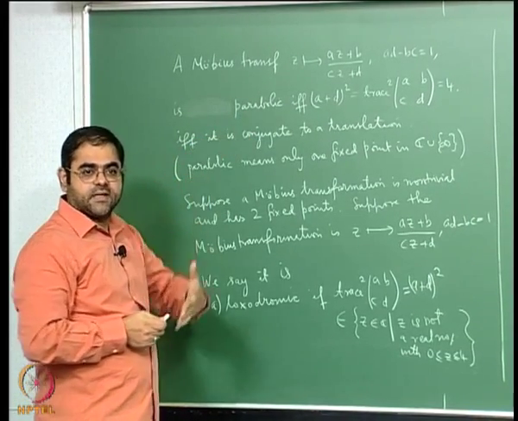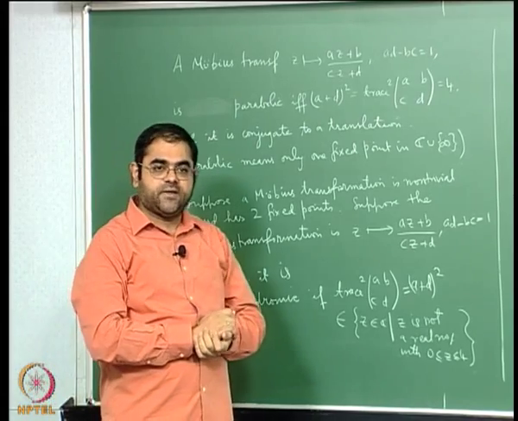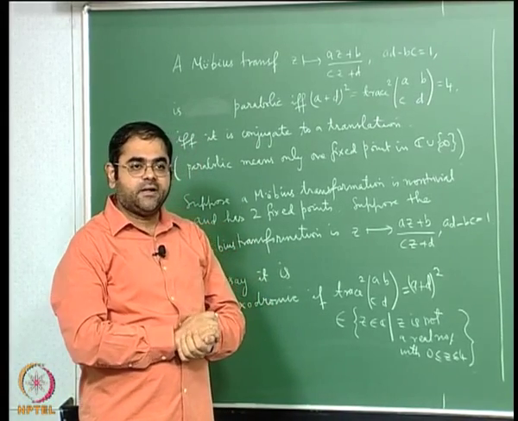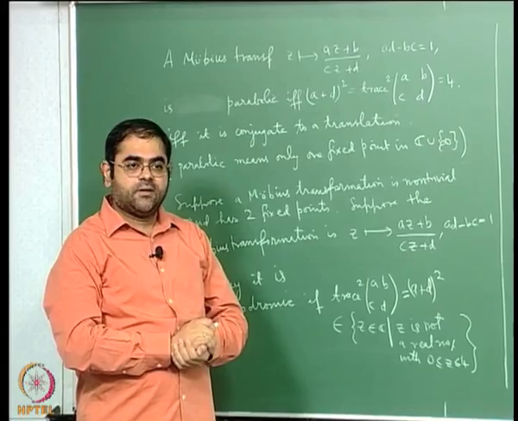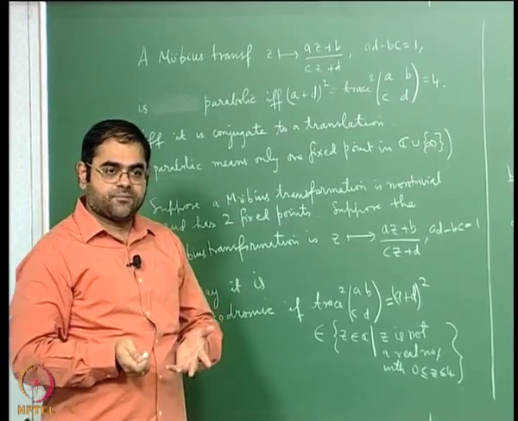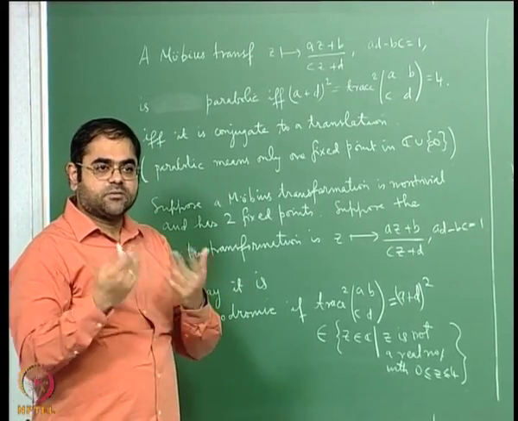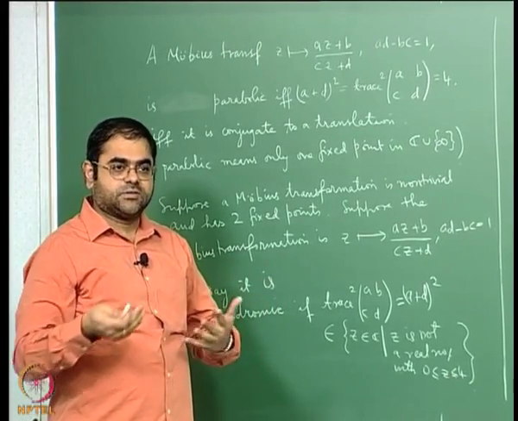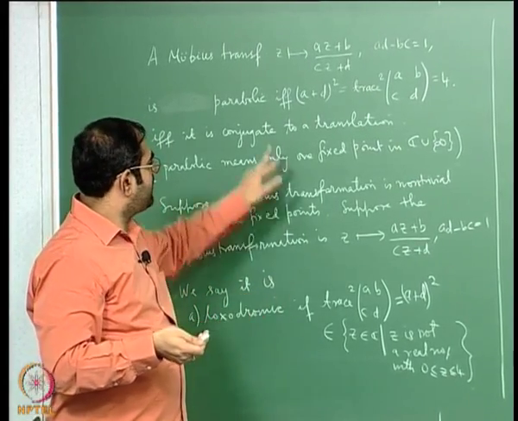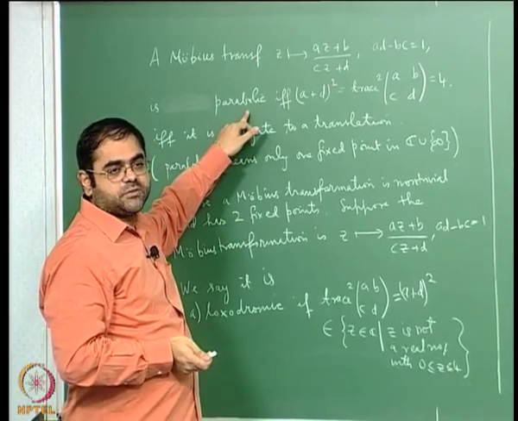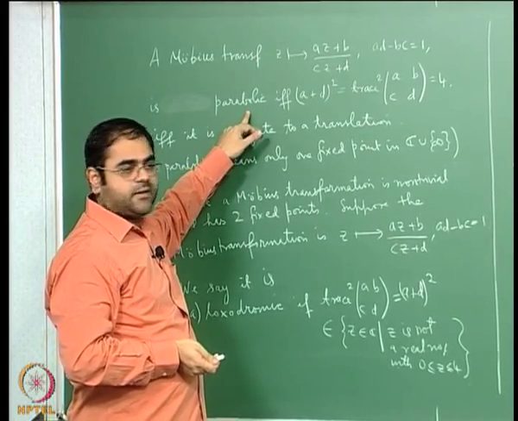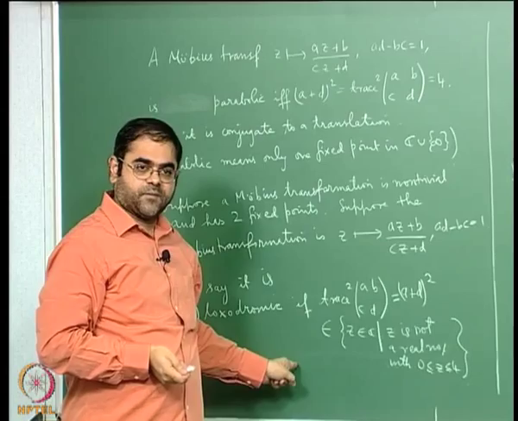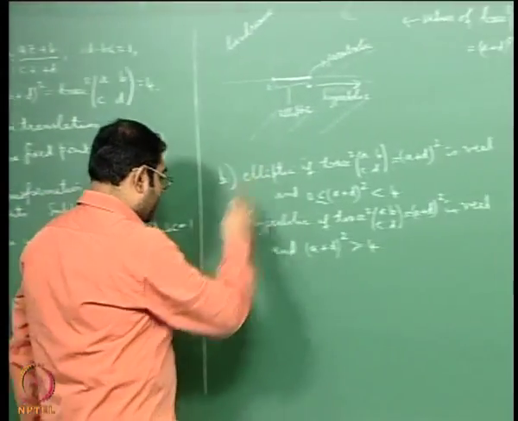But a general Moebius transformation consists of various things. You can break it down into translations, rotations and scalings, and of course you can also break it down into inversions. So you can factor it out. So the parabolic case corresponds to the translations. The other cases come here. So let's try to analyze this.